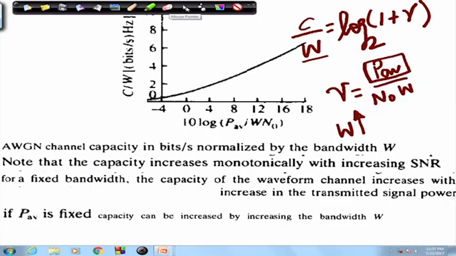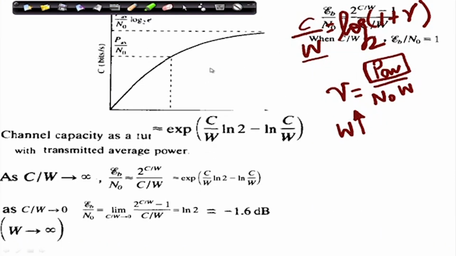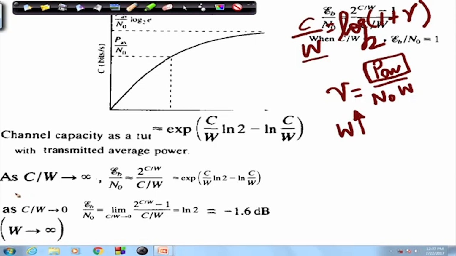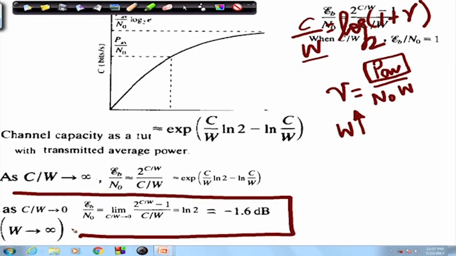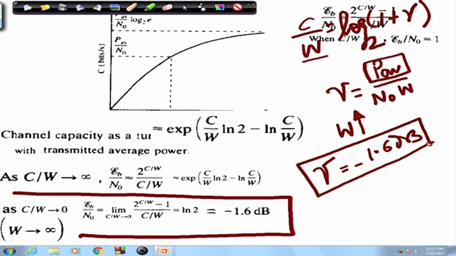I will just show you the end result, and we may go into a little more detail in the next discussion. Briefly, if I calculate the limit, what I end up with is a value of SNR which is minus 1.6 dB. I will do the derivation in the next class.